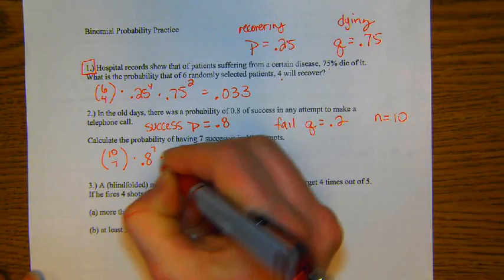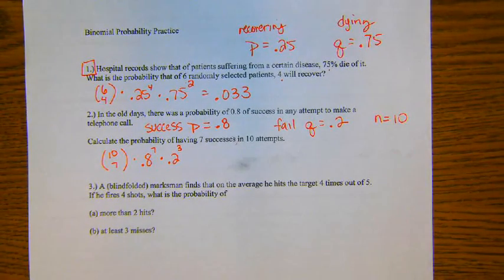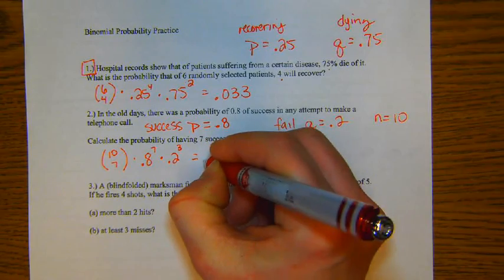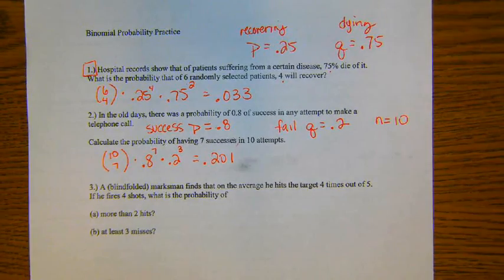So I raise the Q to the 3rd power. Would you do that, please? Do you get 0.201? Okay.